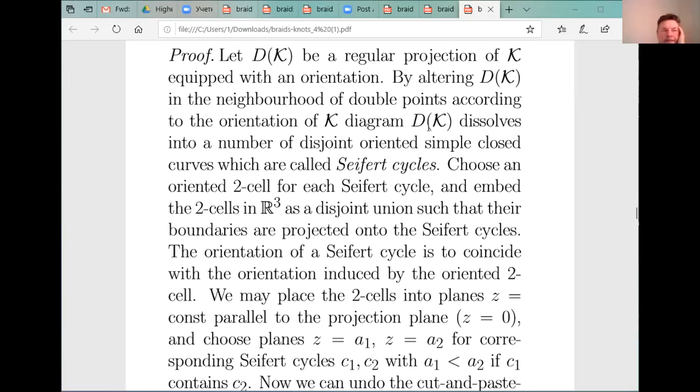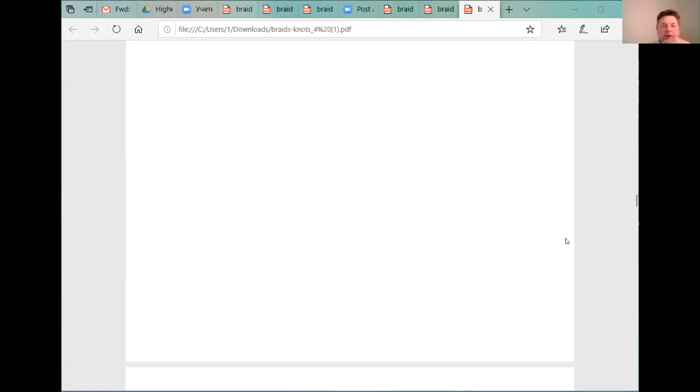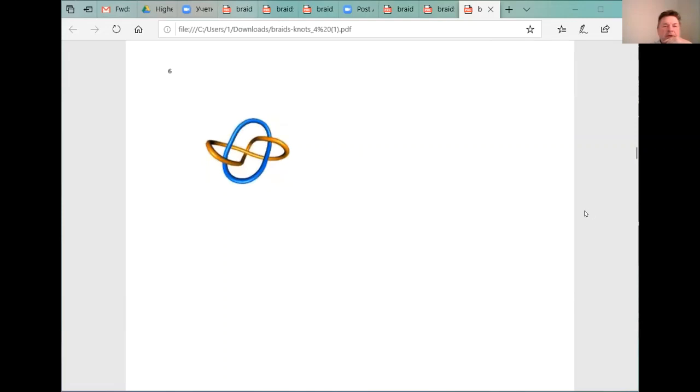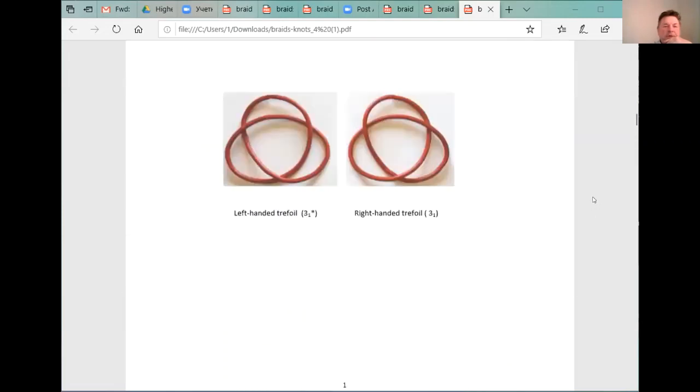First consider how to construct Seifert circles. I'll try to picture that, for example, with our trefoil.